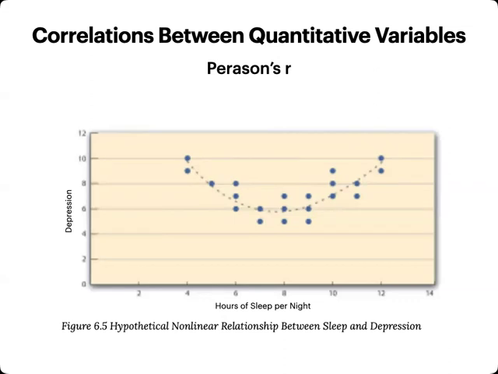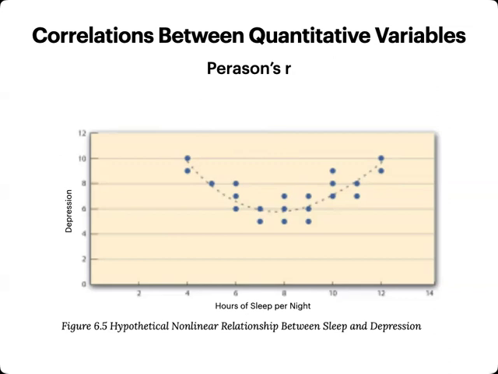So with individuals sleeping around 8 hours experiencing the least depression, both less and more sleep are linked to higher depression levels. So this graph shows that the optimal number of hours of sleep per night is actually better than sleeping too long or sleeping too short.